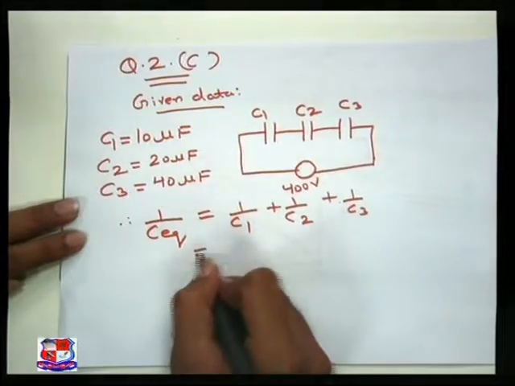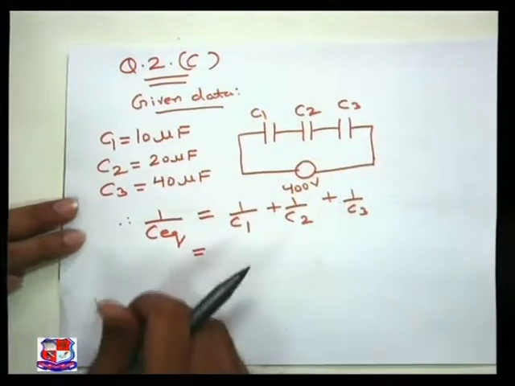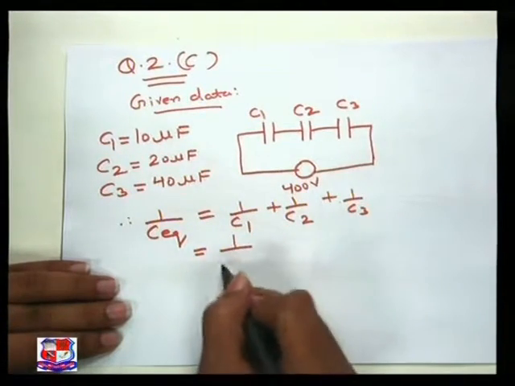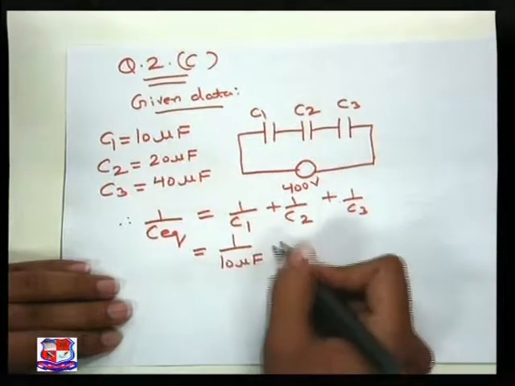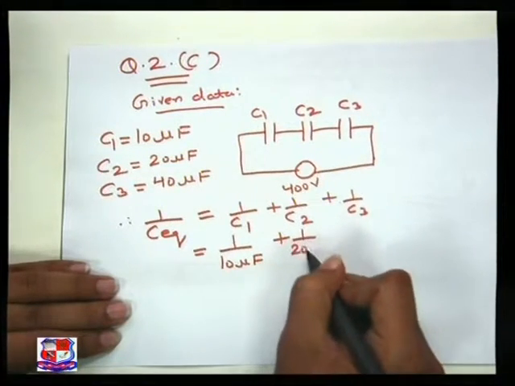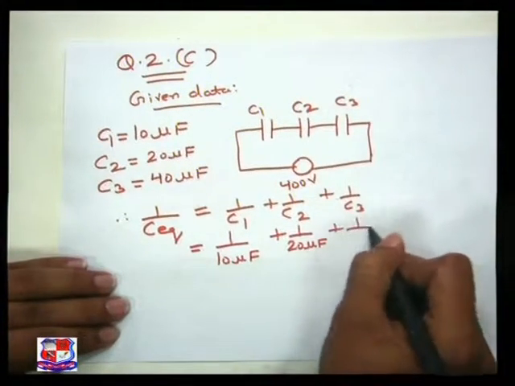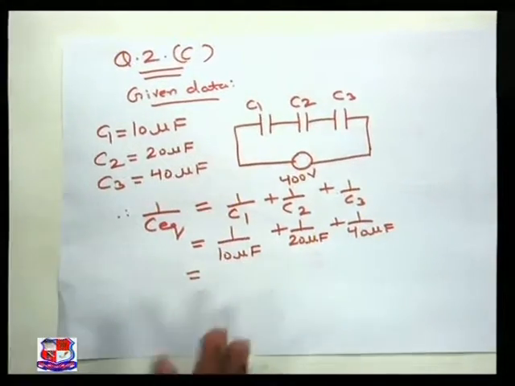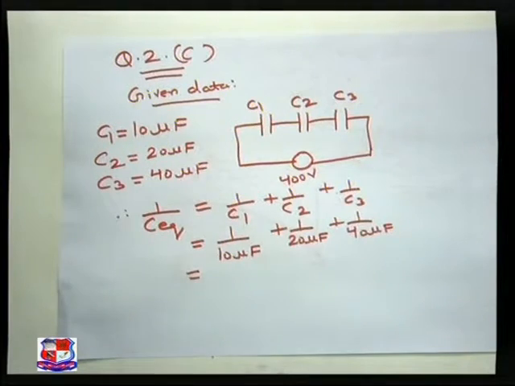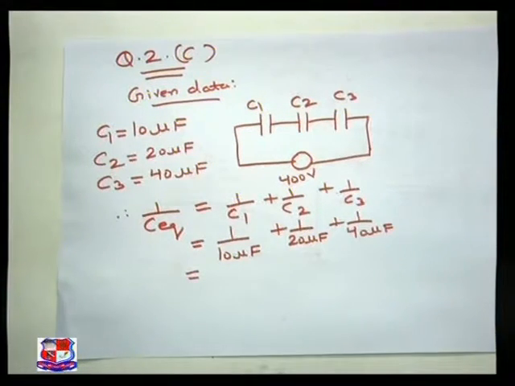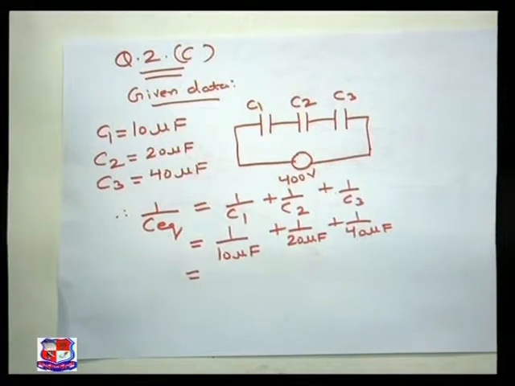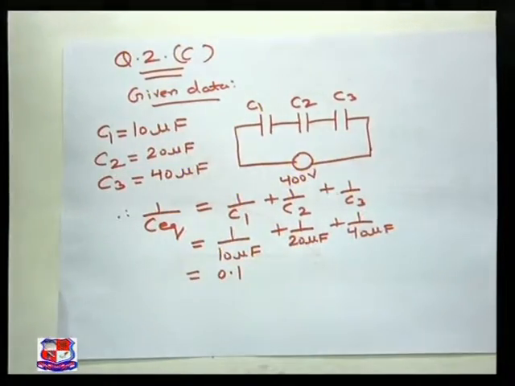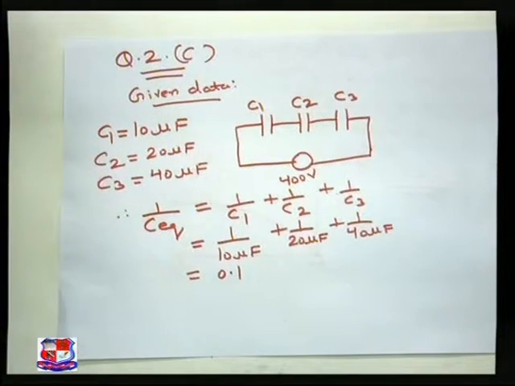The values of C1, C2, C3 are already given: C1 as 10 microfarad, C2 as 20 microfarad, C3 as 40 microfarad. It is easy to solve this question. You have a calculator, right? So you can directly solve it.